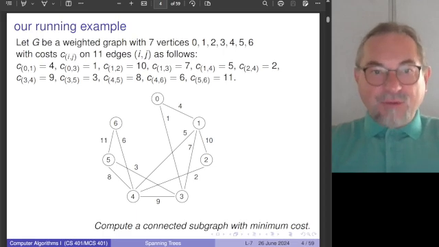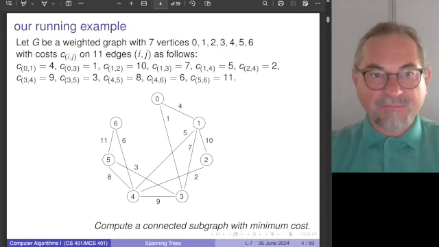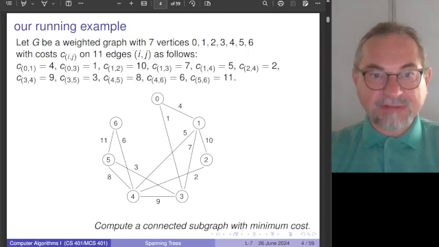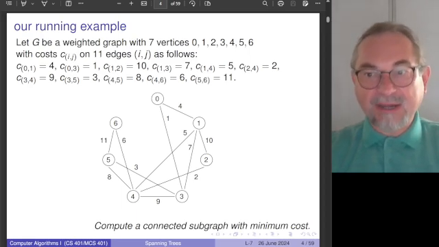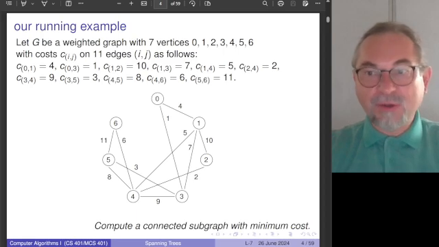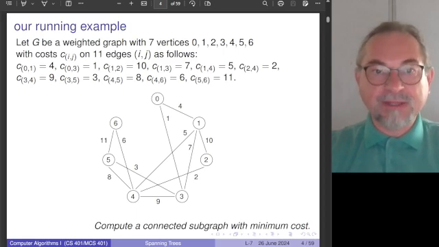Here is our running example. We have a graph that is weighted. It is connected. There are 7 vertices and 11 edges. So you can see it's not a fully connected graph, far from it. The number of edges is a little bit more than the number of vertices.